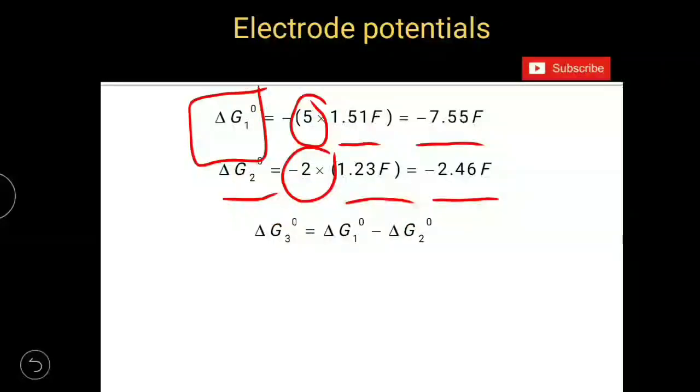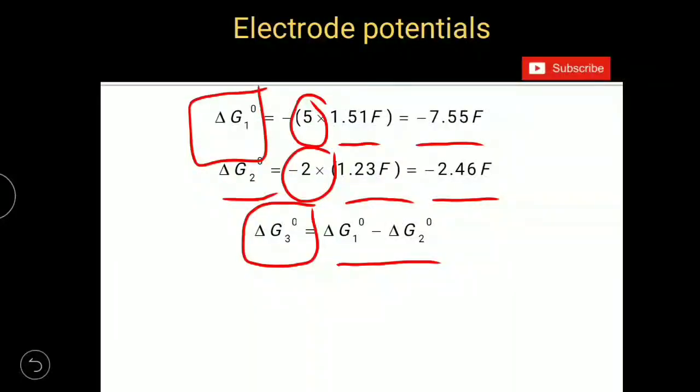And we need to find out delta G3 naught, meaning the Gibbs energy change of the third equation. How will you get the third equation? When you subtract the second equation from the first equation. So you can subtract the Gibbs energy change of the second equation from the Gibbs energy change of the first equation. So delta G1 naught minus delta G2 naught will be equal to delta G3 naught.